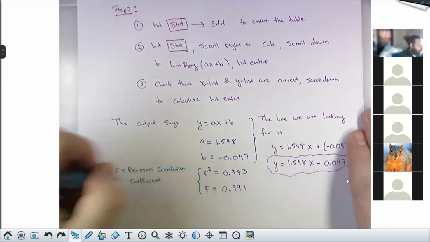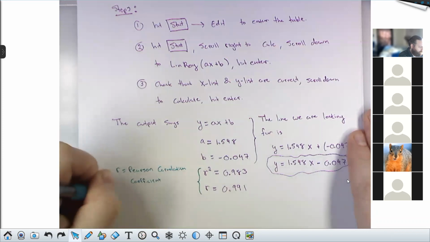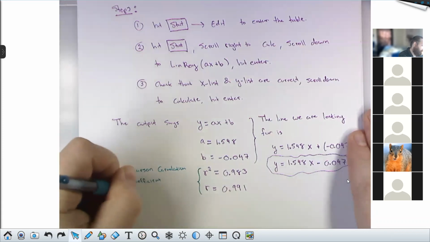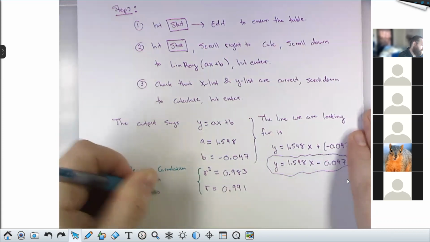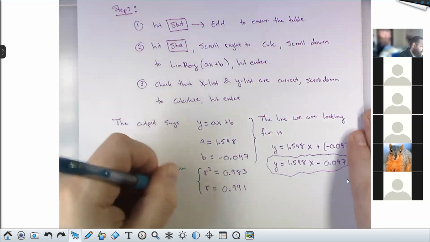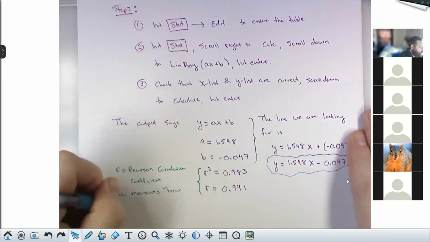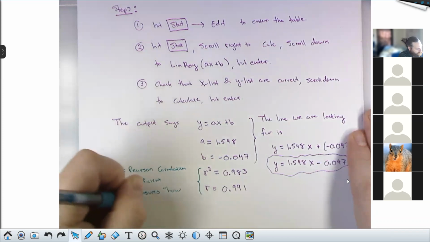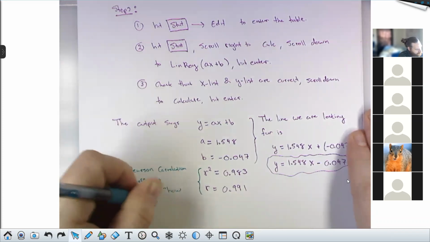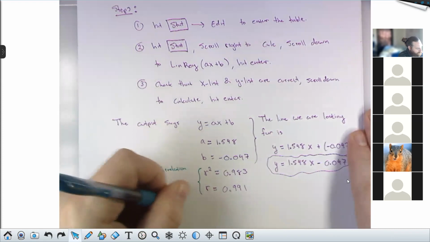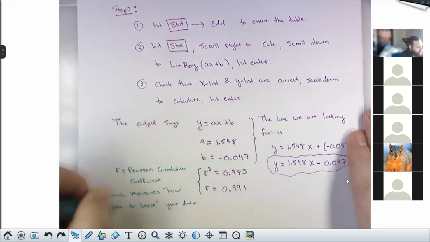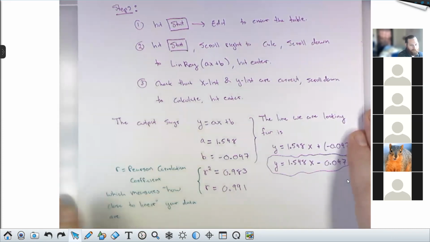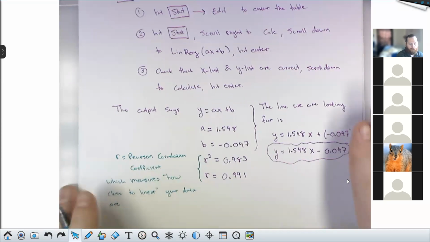And it is a measure of sort of how close to linear your data are, data is actually a plural.